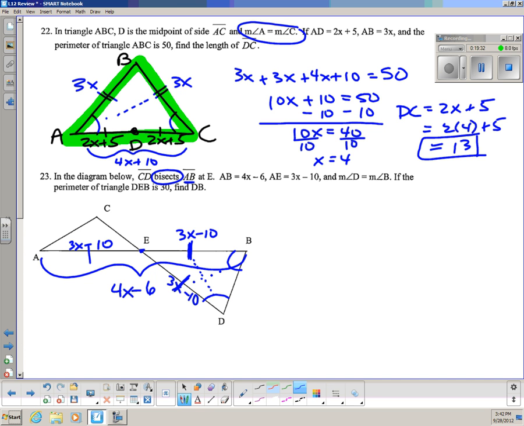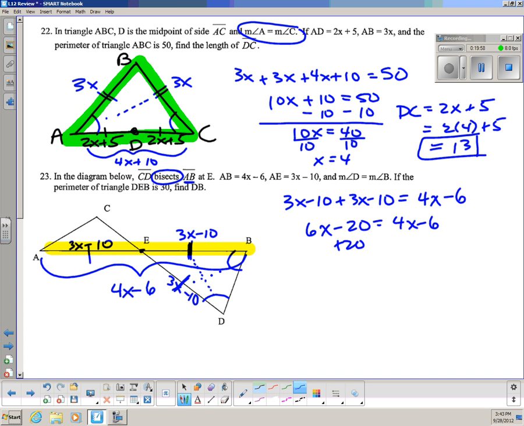Well, one big problem here is we don't have x. So we need to use this long line segment to set up an equation. This guy right here. And my equation is going to be 3x minus 10 plus the other 3x minus 10 equals the whole thing, 4x minus 6. So I get 6x minus 20 equals 4x minus 6.